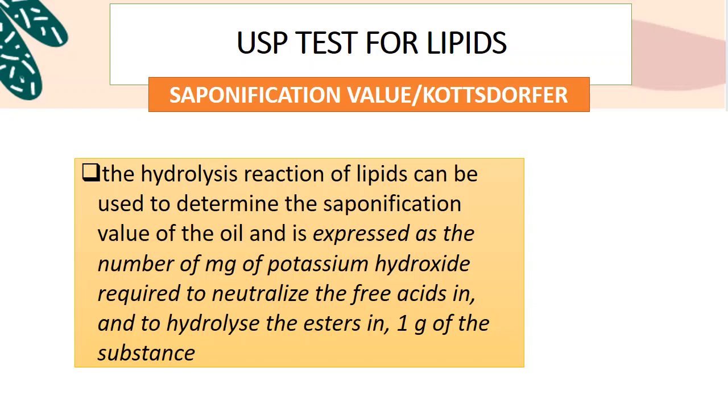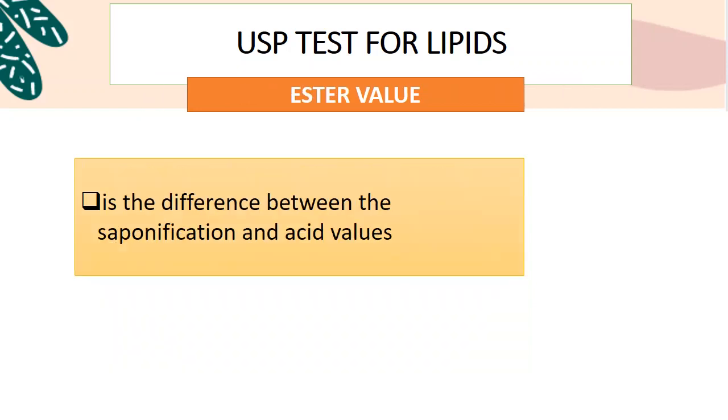What we measure in the saponification value is the number of fatty acids. So, once there is an increase in your saponification value, it means there is a higher value of your fatty acid. So, that is your saponification value, wherein the lipid undergoes the hydrolysis reaction.